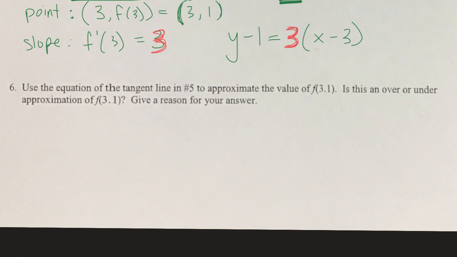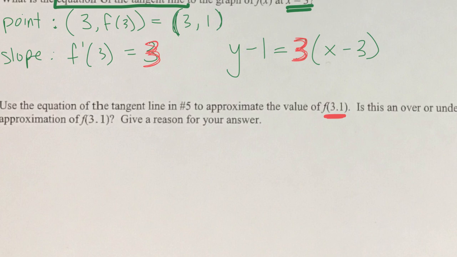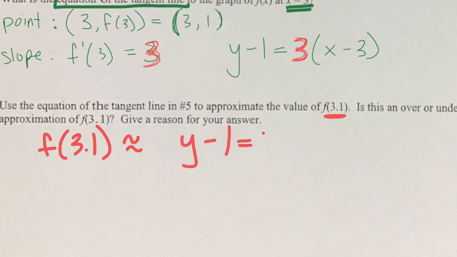Use the equation to approximate the value of f of 3.1. So f of 3.1 is approximately, right? y minus 1 equals 3 times, this is where your 3.1 goes in for the x value, and we solve this equation for y.